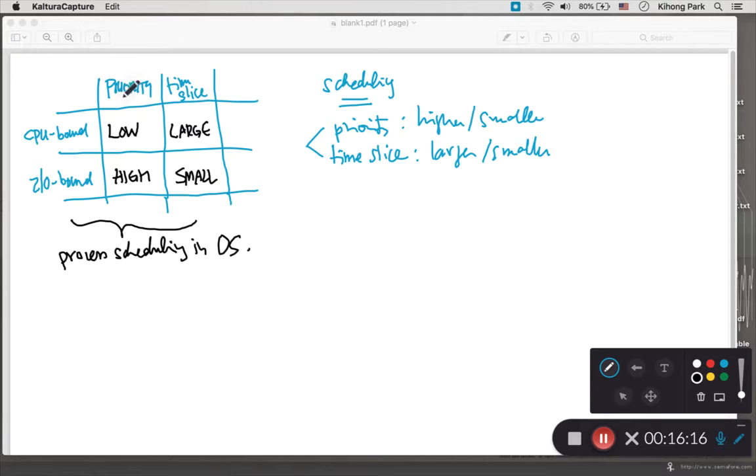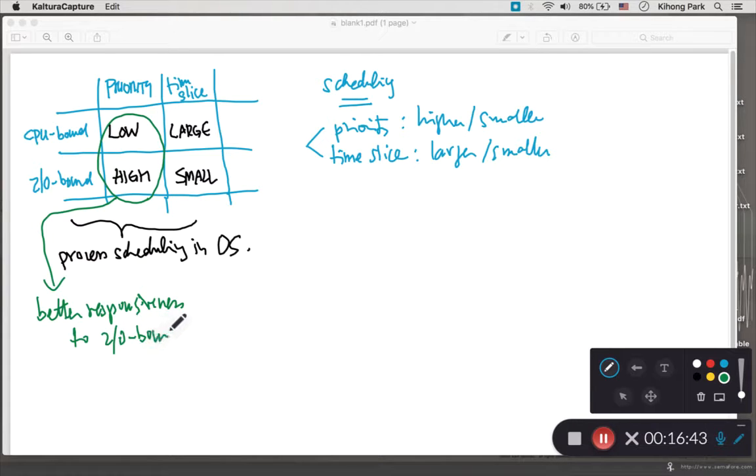So again, all else being equal, we want to assign IO bound guys higher priority vis-a-vis CPU bound guys. This is going to give better responsiveness to IO bound processes.